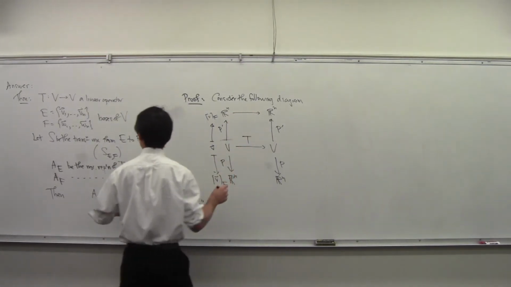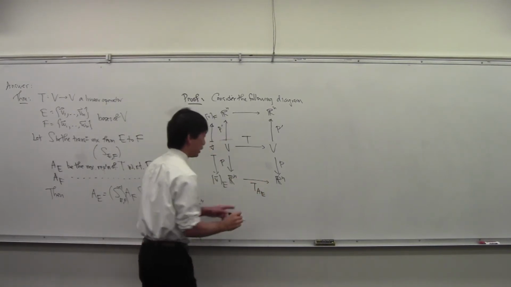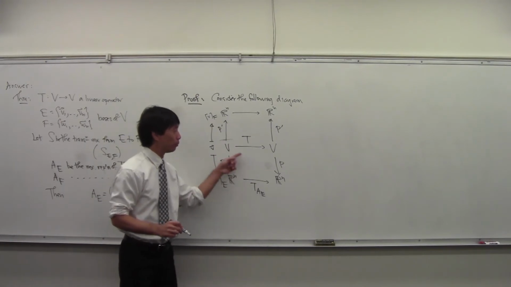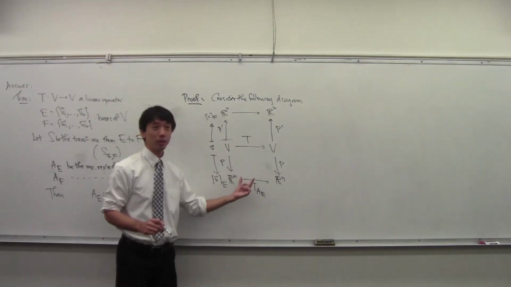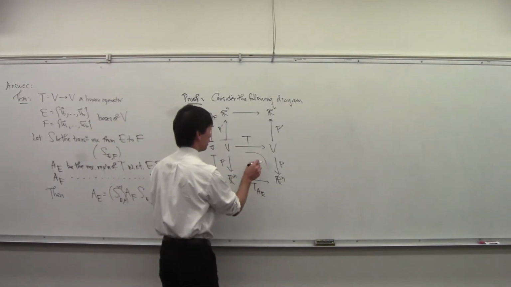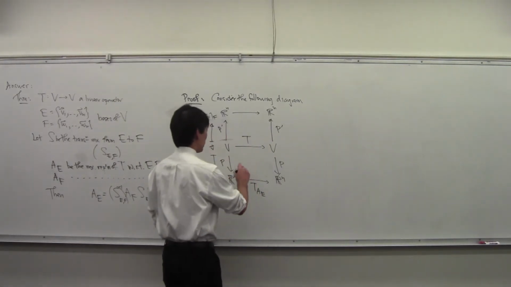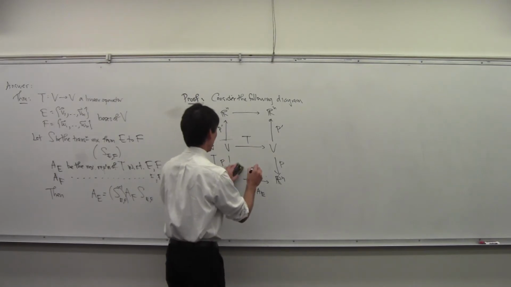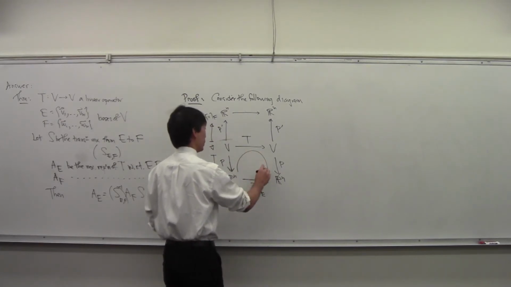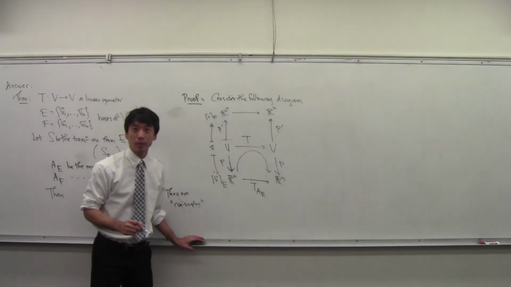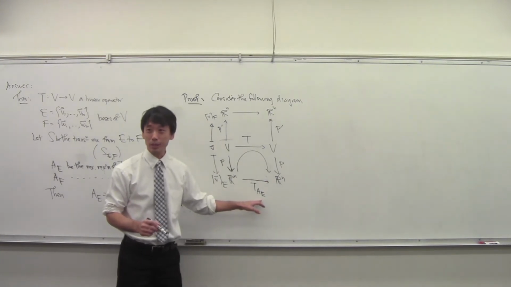Now, A sub E is the matrix representation of T with respect to the E basis, right? So in other words, we can go this way or this way. Like we said last time, if we go across, it's the same thing as going all the way up and down, because this is the matrix representation.